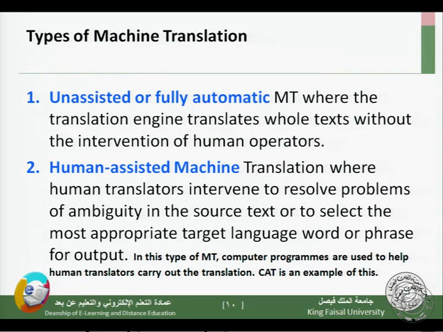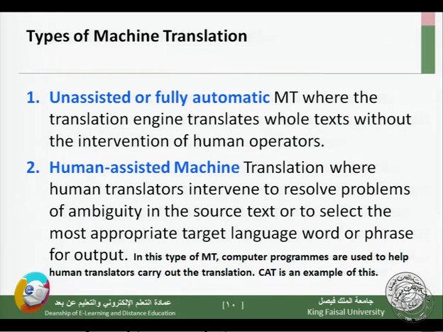Now, human-assisted machine translation, this I don't mind really. It helps. Why? Because you, as a human translator, you control. You say, I want this translation, please, from this program.